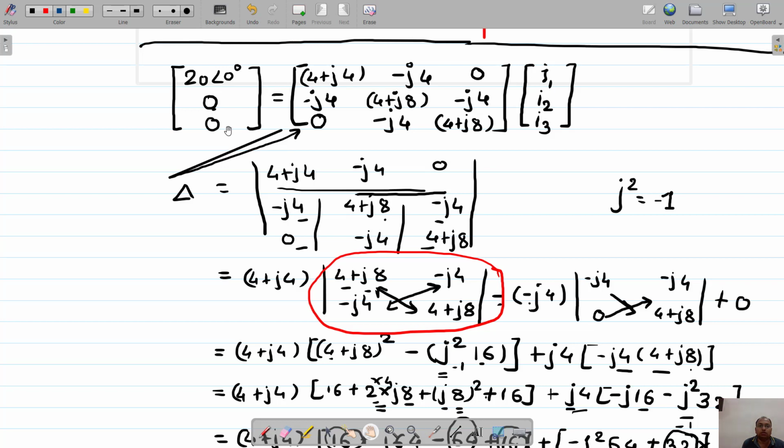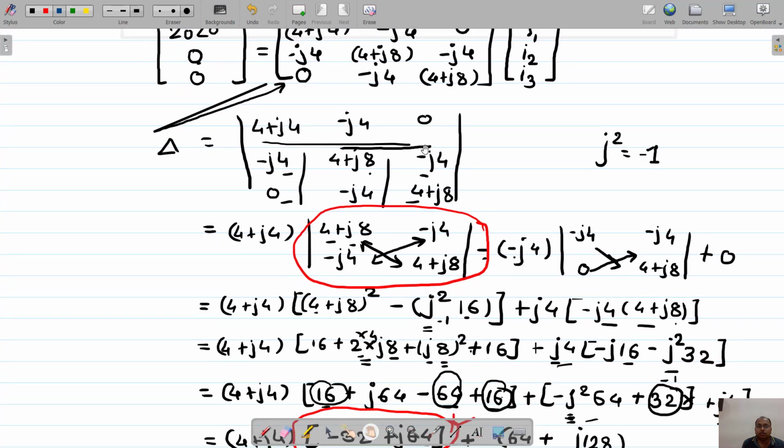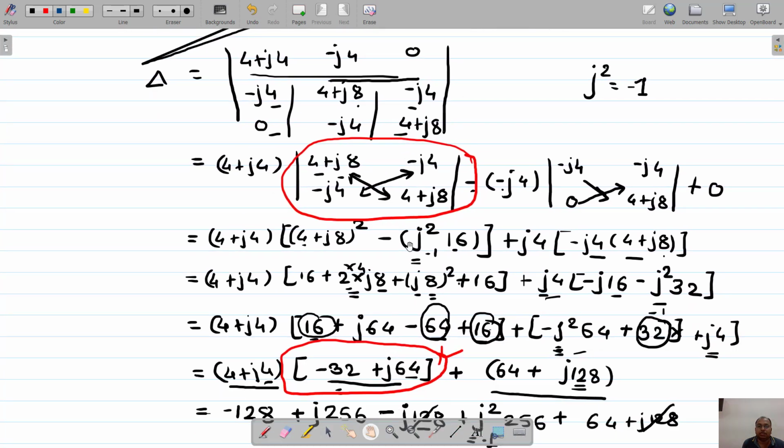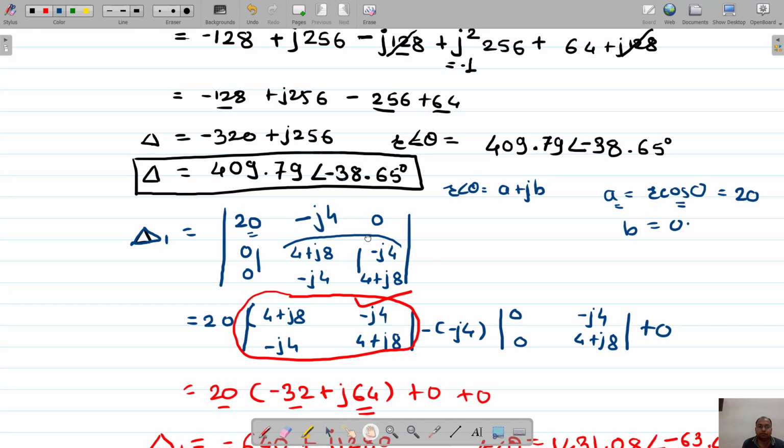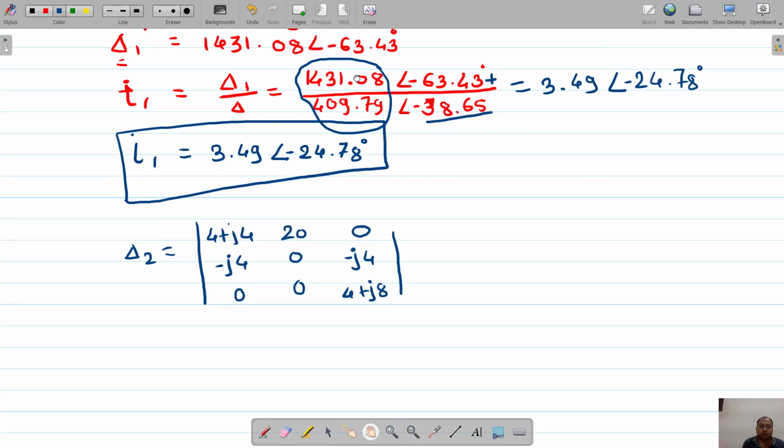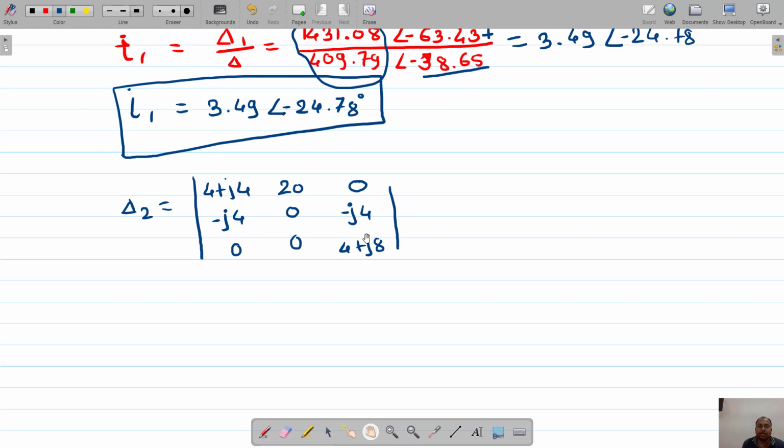So 20, 0, 0 likewise, and 0, minus j4, 4 plus j8. Am I right? I hope all the values are correct.